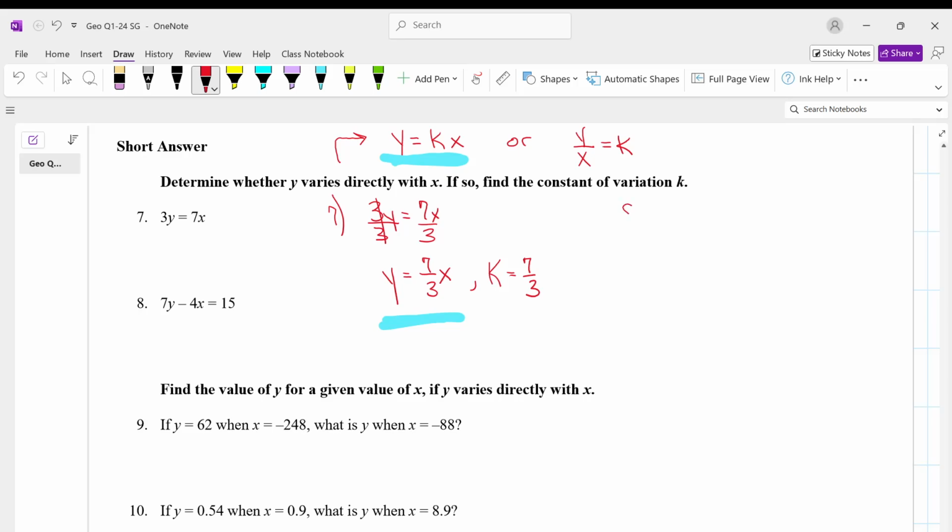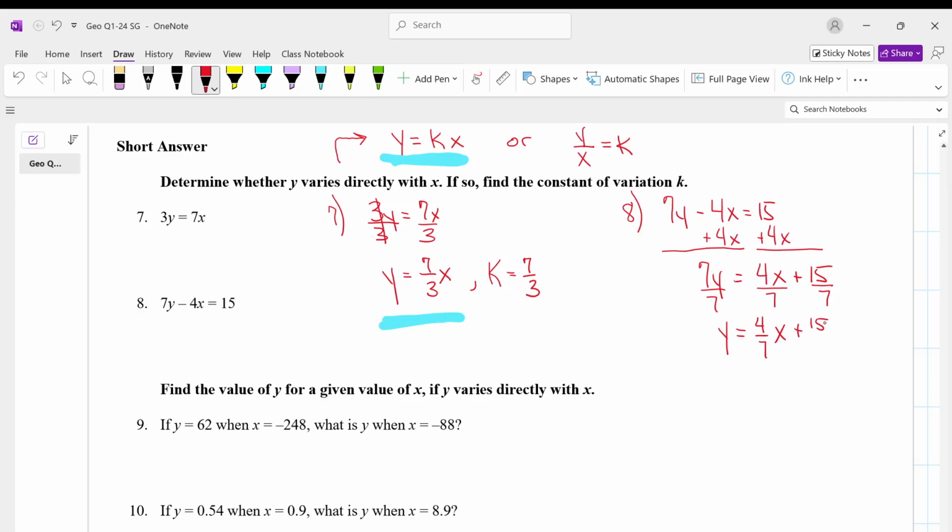Now that was problem 7. Let's look at problem 8. We've got 7y minus 4x equals 15. If we add 4x to each side, then 7y is equal to 4x plus 15. If we divide everything by 7 now, we get y equals 4 over 7 x plus 15 over 7.